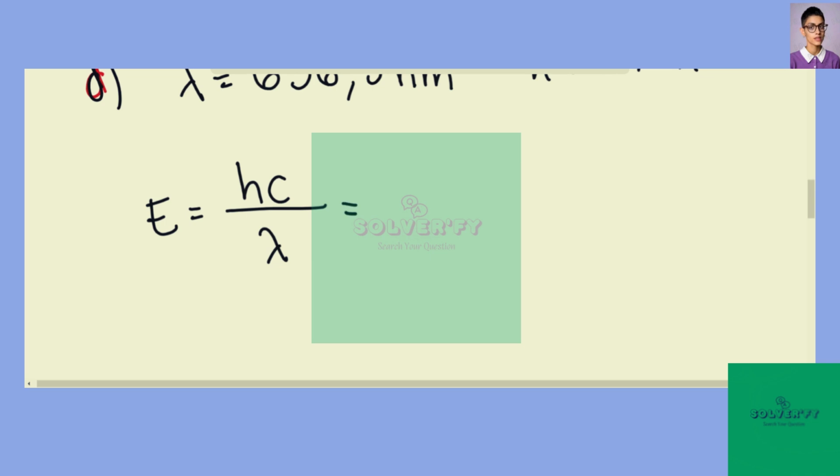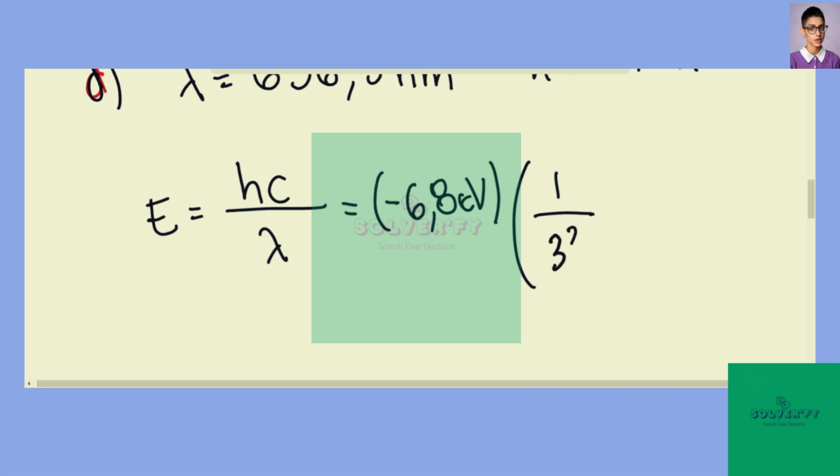This is also equal to minus 6.8 electron volts, the energy we obtained for positronium, times 1 over the final state squared, which is 2 squared, minus 1 over the initial state squared, which is 3 squared.